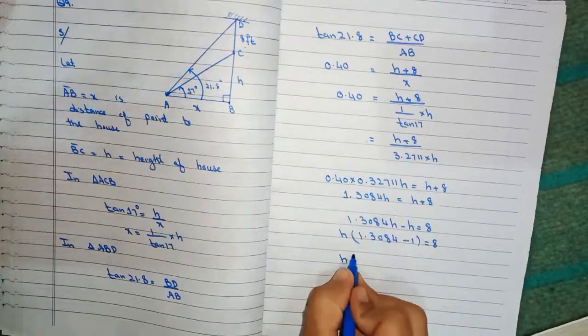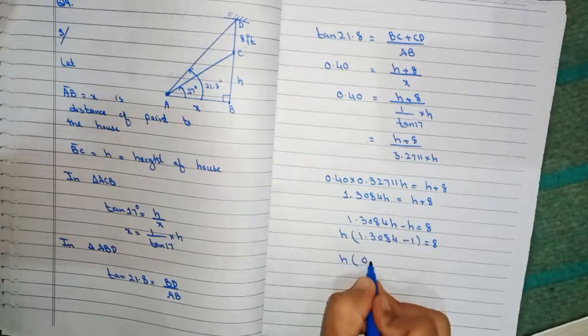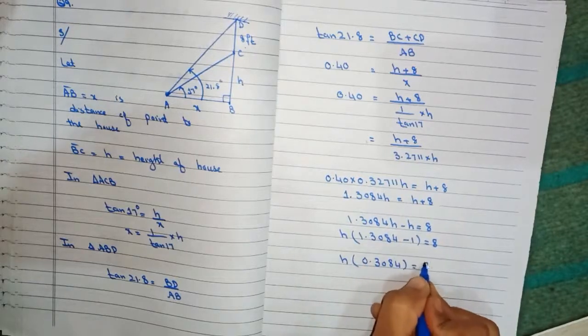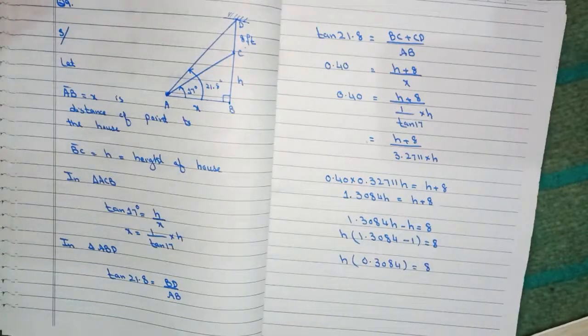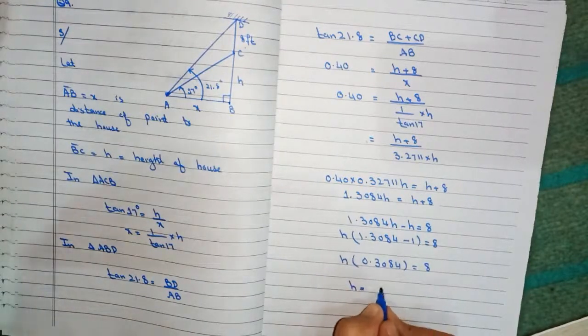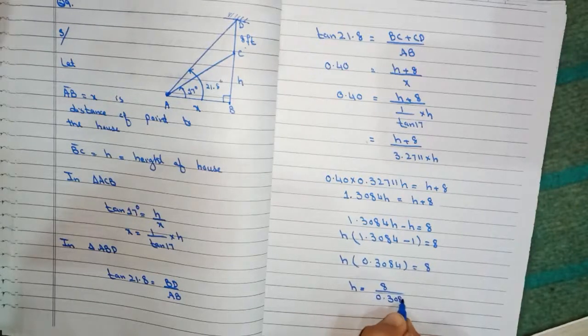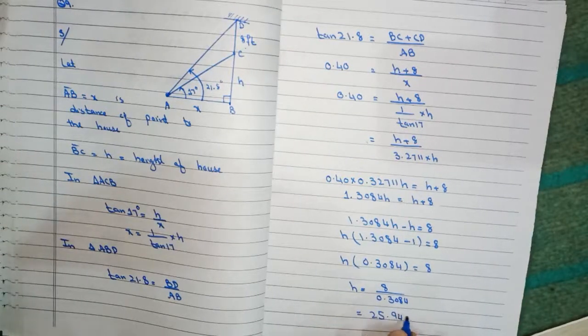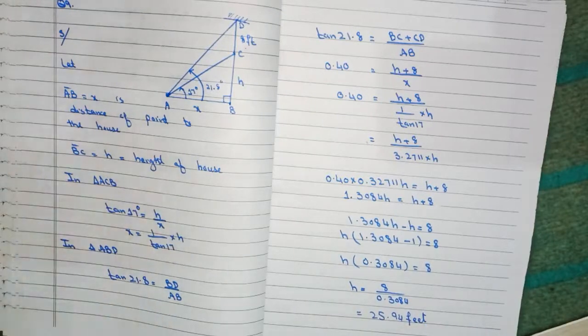H into 1 when subtracted gives 0.3084h equals 8. 0.3084 is multiplying here, so it will divide on the other side. H equals 8 over 0.3084, and it is 25.94 feet. It is the height of the house including the height of the antenna.